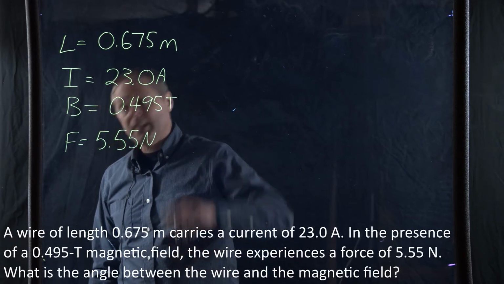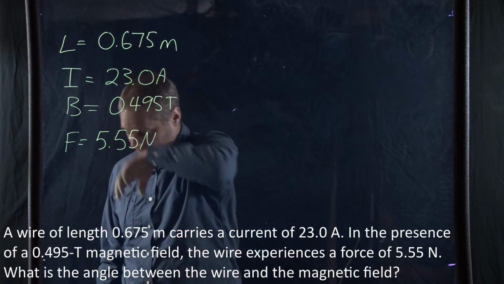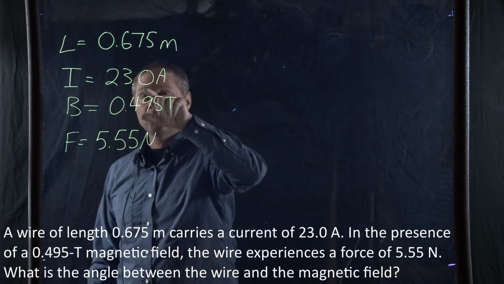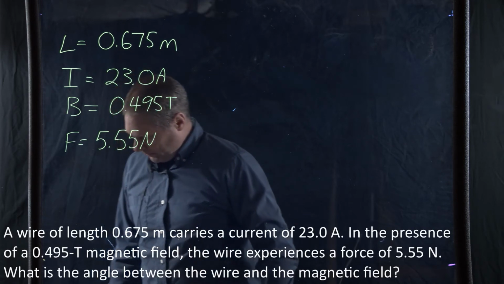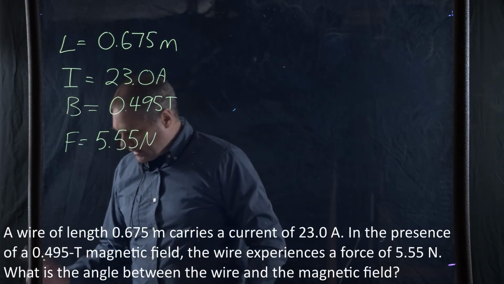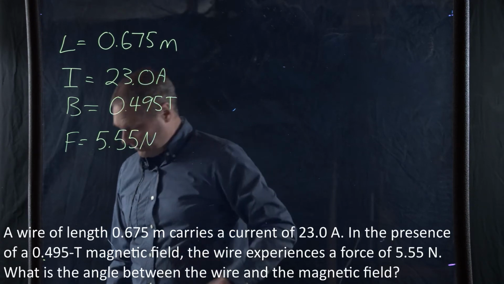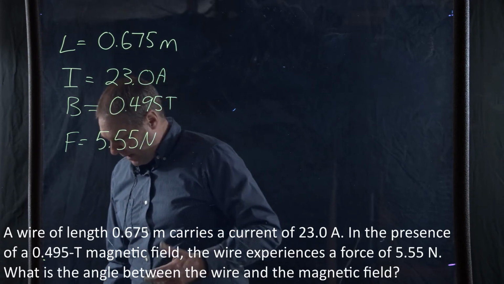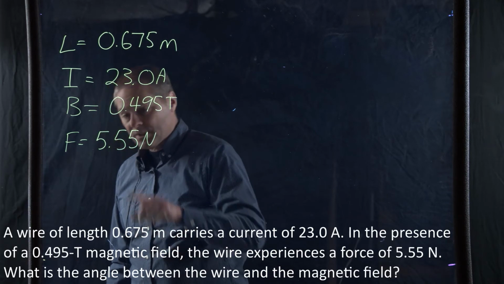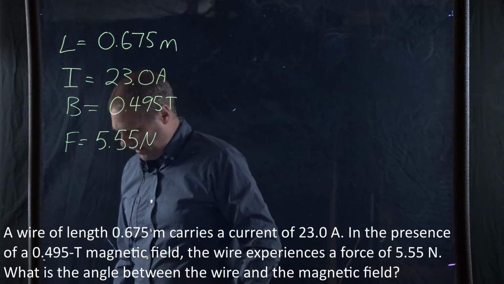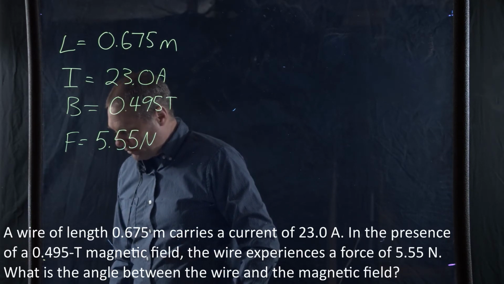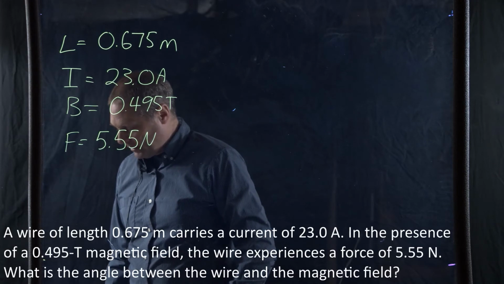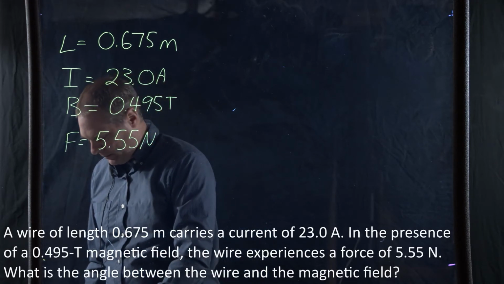A wire of length 0.675 meters carries a current of 23 amperes in the presence of a 0.495 Tesla magnetic field. The wire experiences a force of 5.55 newtons. What is the angle between the wire and the magnetic field?